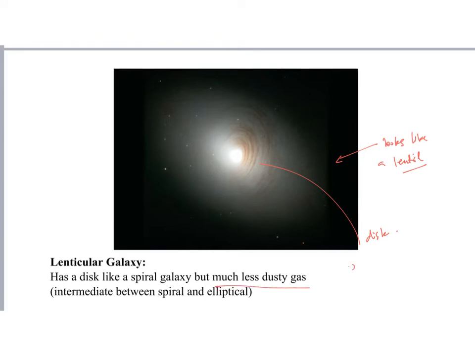So basically the bulge is not as prominent, or it's much more extended. So it's kind of an intermediate, something in between a spiral and an elliptical.